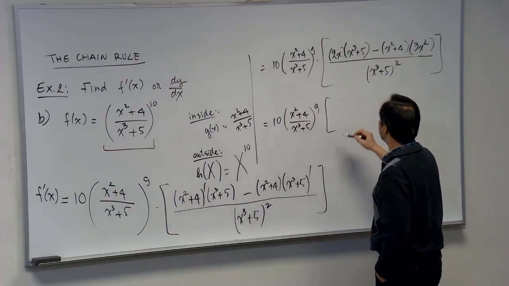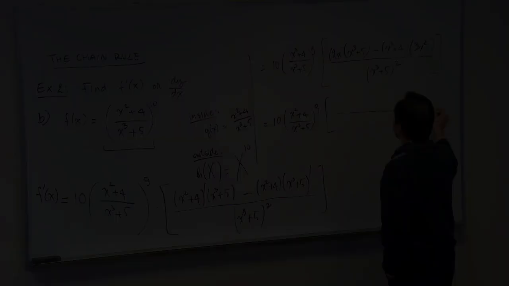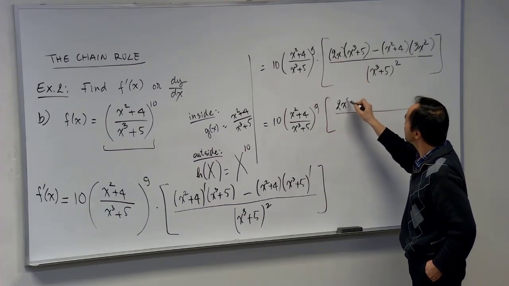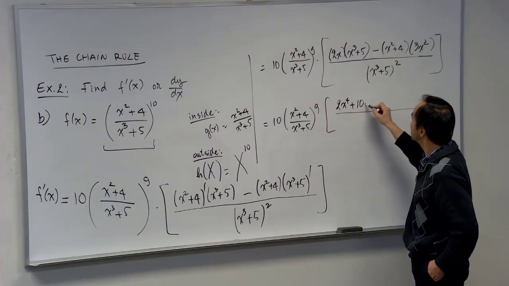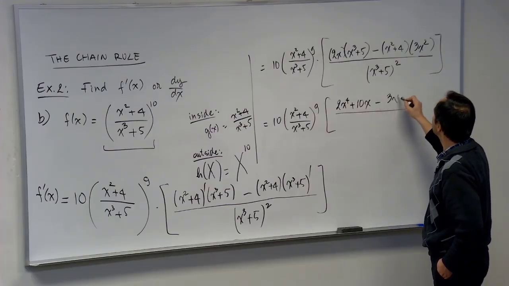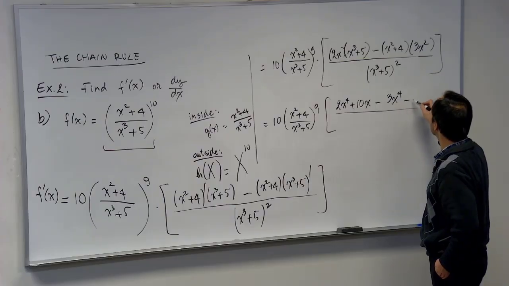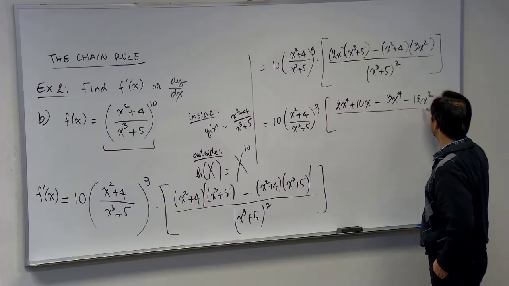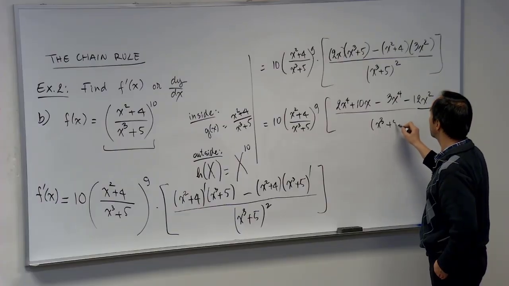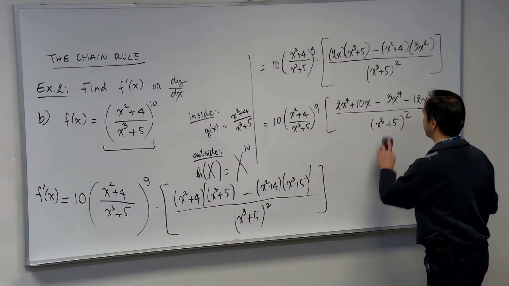And then we got 2x times x cubed right there, making it 2x to the 4th, plus 10x right there. And then we're subtracting 3x to the 4th, and we're subtracting 12x squared. Please correct my algebra if you have to. So x cubed plus 5 squared in the denominator.